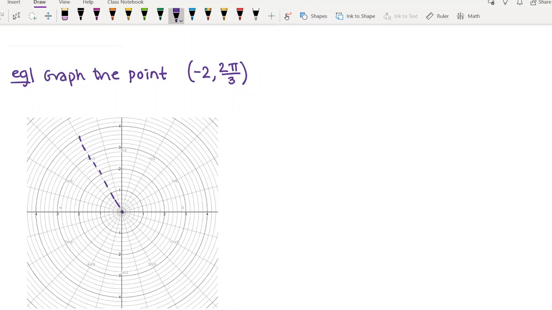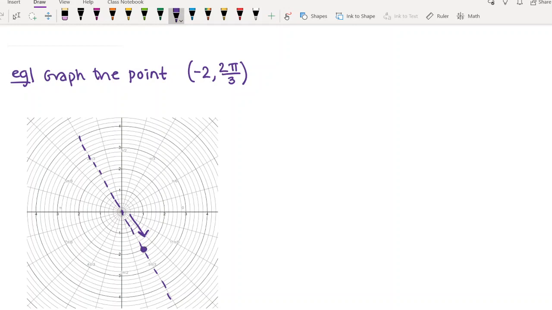So if we were to continue this angle, it would be like that, right? This is the same kind of line going through the origin. And so instead of going in this direction for our positive radius, we're going to go in this direction. So the point would be here.